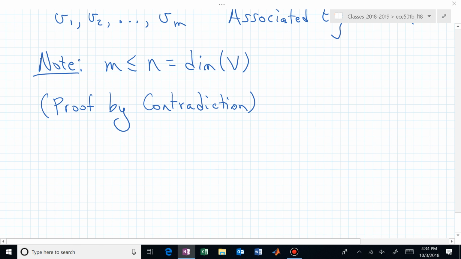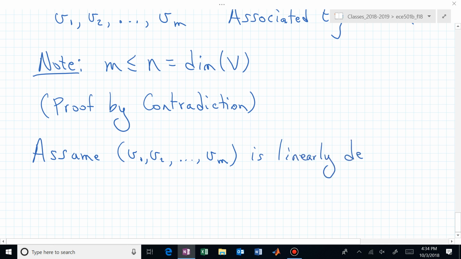What did I just say? So let's now assume that this list, v1, v2, through vm, of vectors is linearly dependent. And here I want to say linearly dependent.